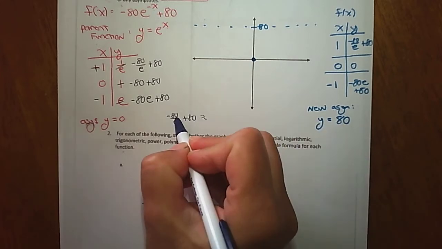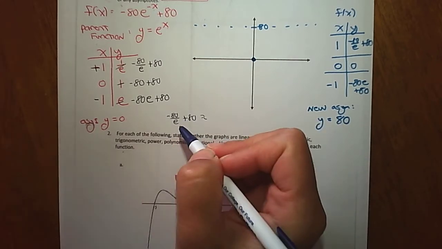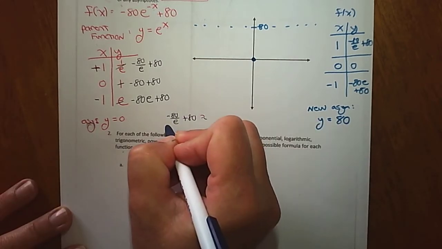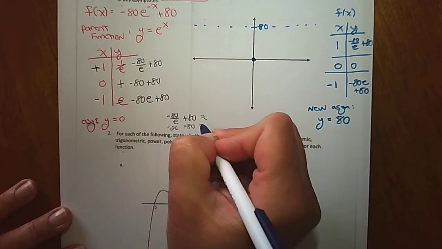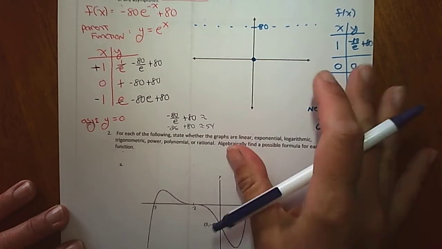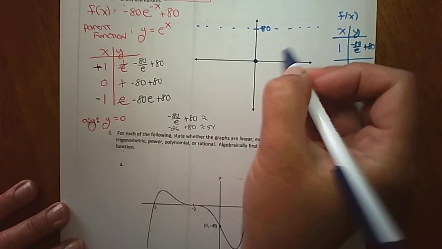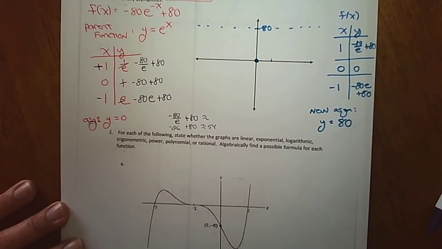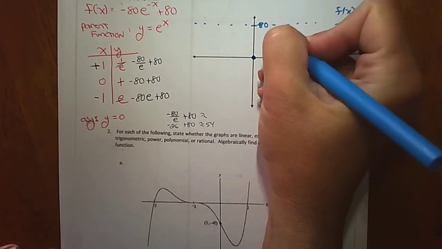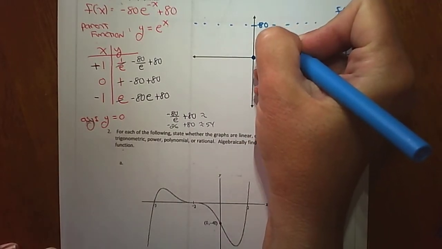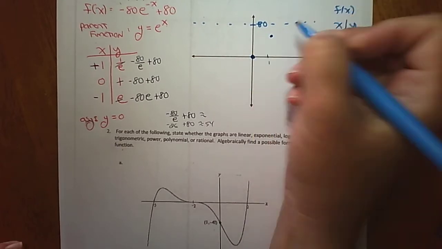So negative 80 divided by 3 is approximately negative 26, plus 80. That's going to be approximately in the 50s. So at 1, which would be here, maybe a little more than halfway up. Guys, we're just ballparking it.